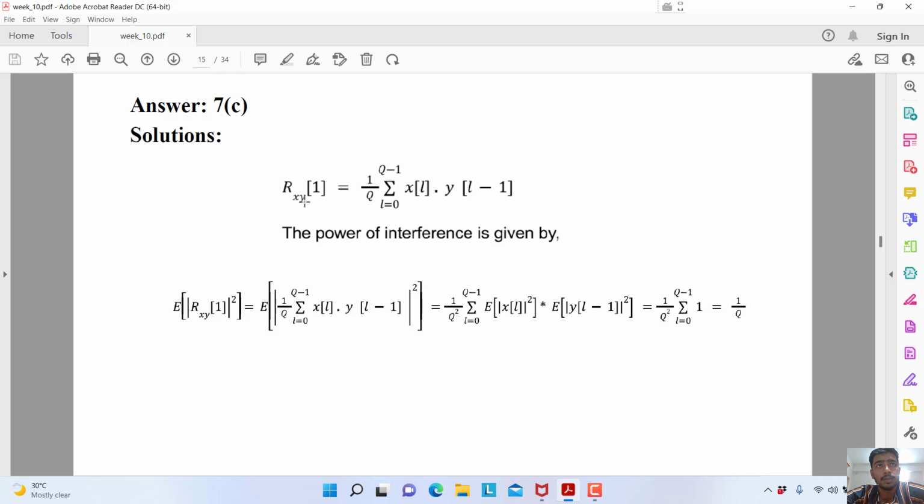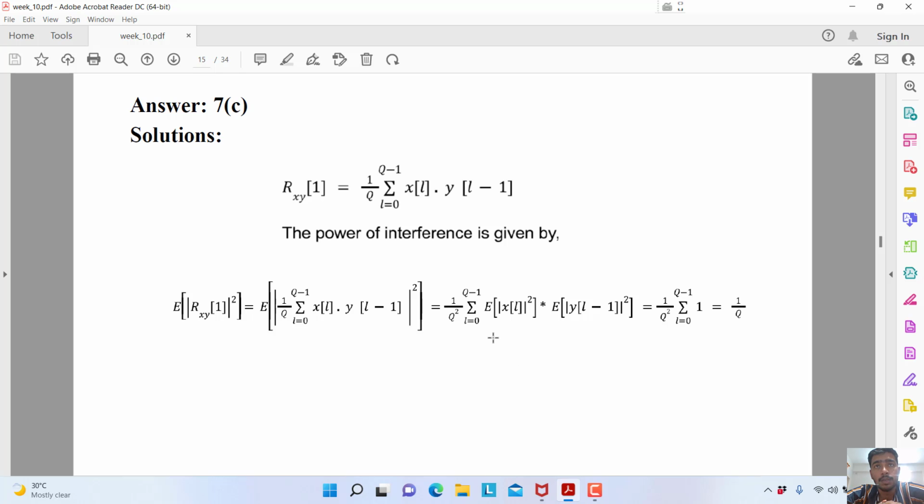If you write this function, it will look like that. Now you have to calculate the power of interference, so from there we will calculate it. You can write this: x(l) y(l minus 1). When you arrange this, it will look like that.